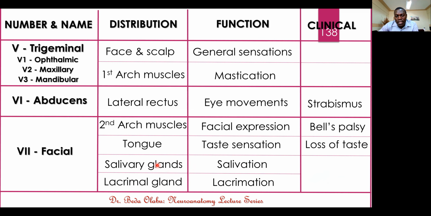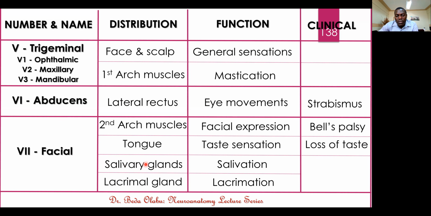Now, the bad luck here is that they regenerate in such a way that the neurons which were coming from facial nerve, which were going to the salivary glands, now go to the lacrimal gland. And the ones which are coming from the brainstem that were going to the lacrimal gland now go to salivary glands. What will happen when this person sees food?